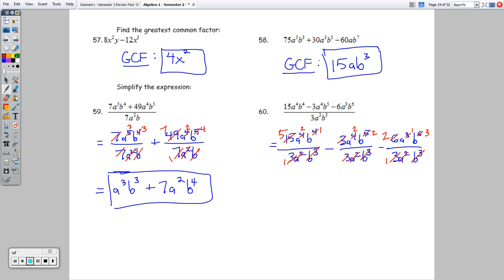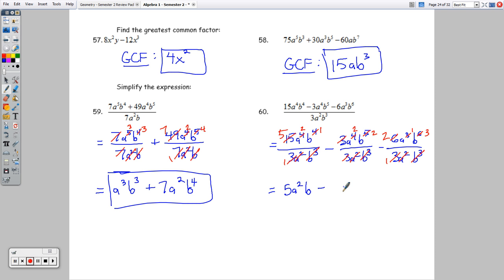So let's make sense of what we have left there. We've got on the top, everything on the bottom canceled. We have 5a squared b to the first, which we just would write like that. We don't need the over 1 into the first power. We leave that out in a fully simplified expression.